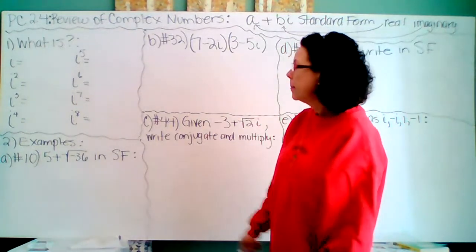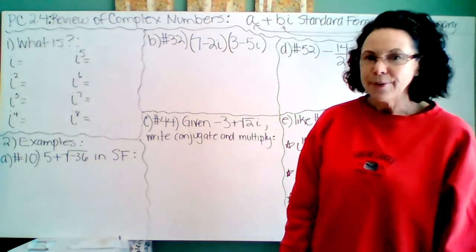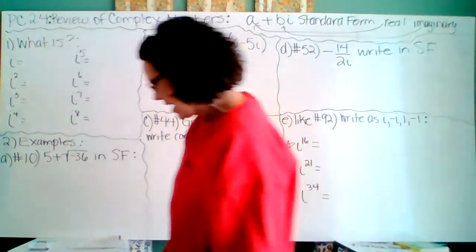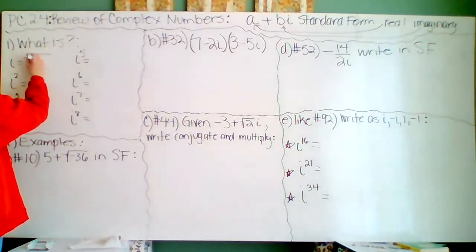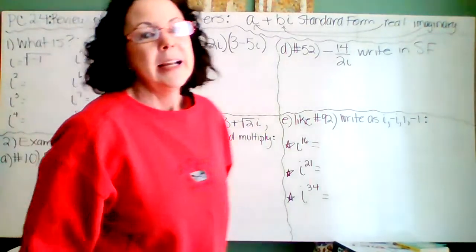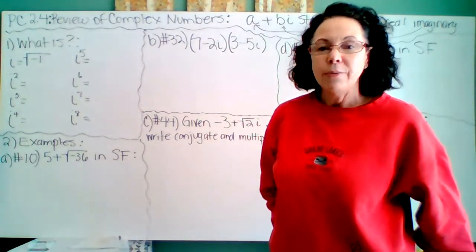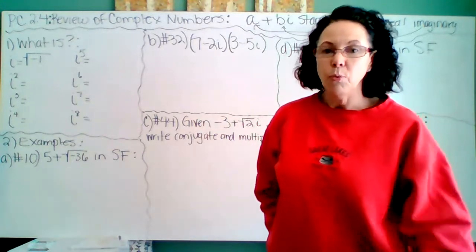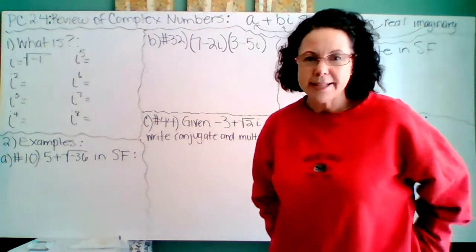So let's take a look at number 1. What is i? I'm pretty sure you would tell me that i is the square root of -1, because there is no number in the real realm that you can take the square root of that would get you a -1 when you square it. Obviously, any number that you square is positive.